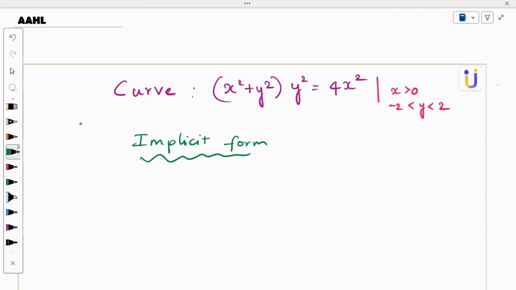Why? Because this curve doesn't have a maximum or minimum. But dy by dx is 0 means I'm saying there is some maximum or minimum. So I assume the contrary and I will end up with an absurdity, and hence this proves no maximum or minimum. So that's the idea.